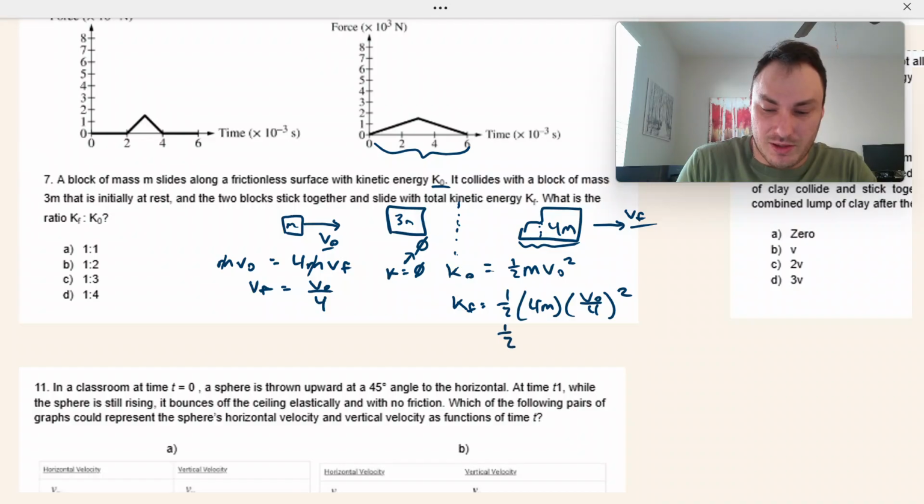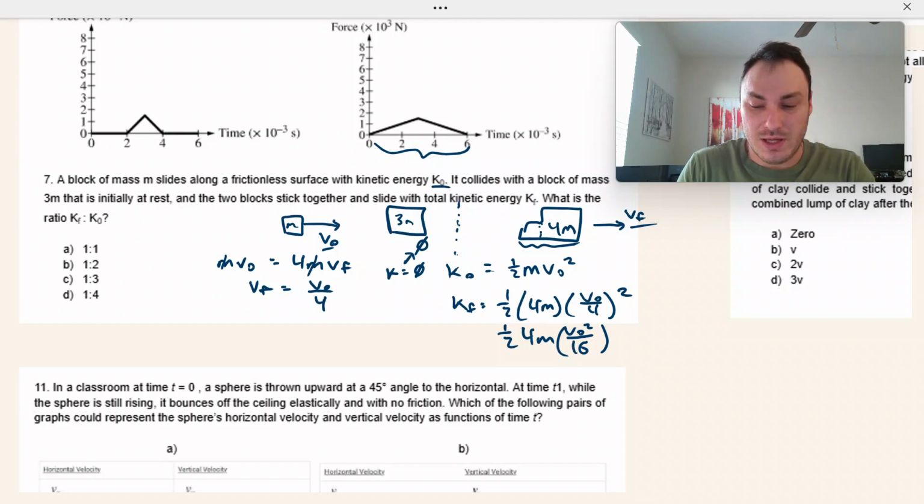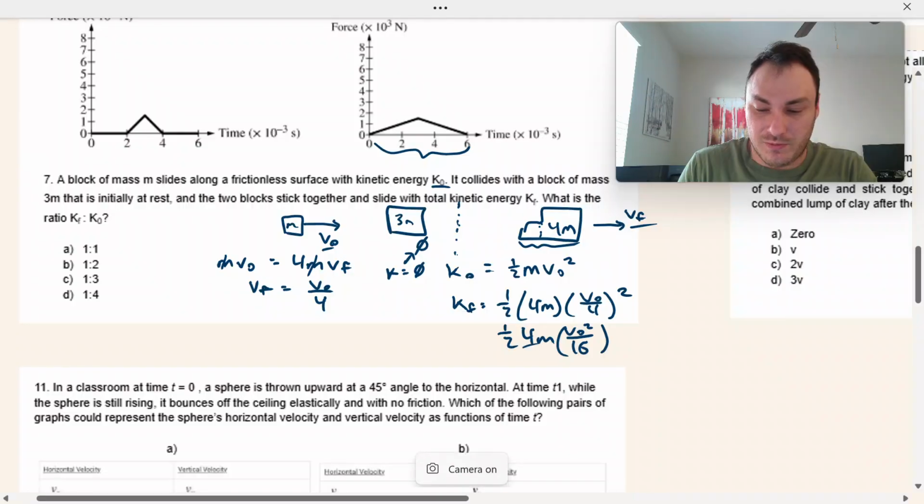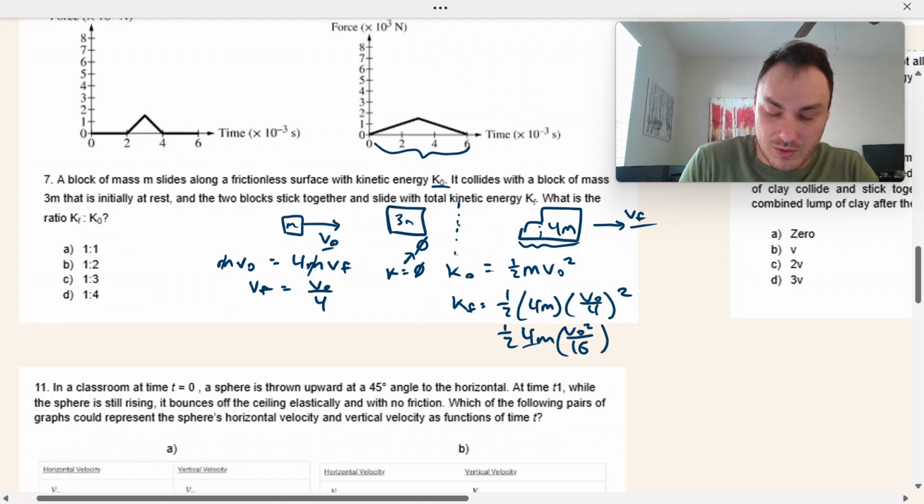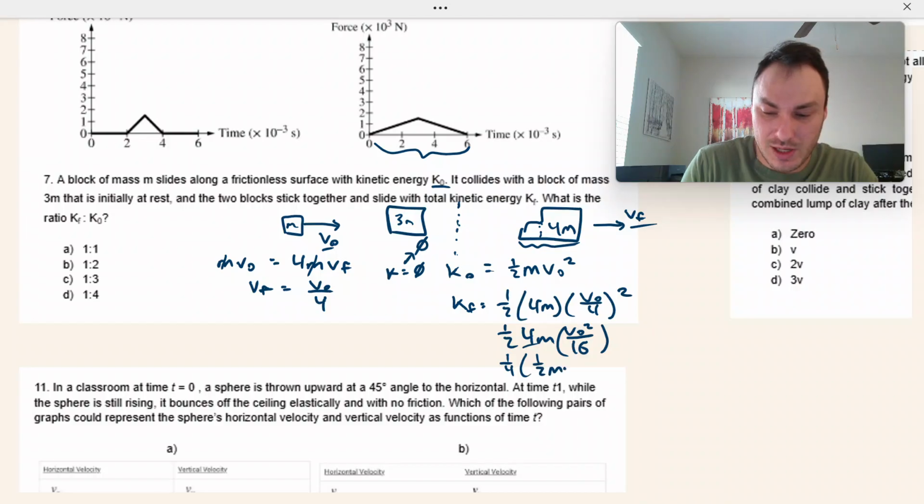So let's simplify this. So 1/2 4m, and then we have v naught squared over 16. Simplifying all of these, when I do 4 divided by 16, we get 1 over 4. So that's equal to 1/4 times 1/2 m v naught squared.